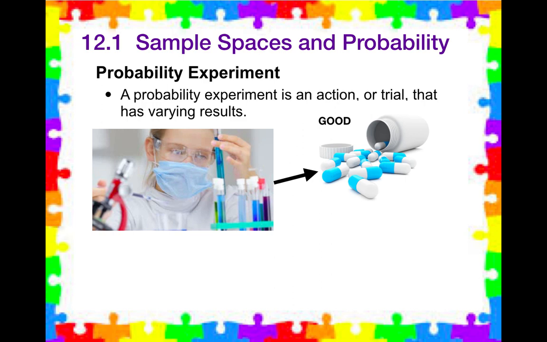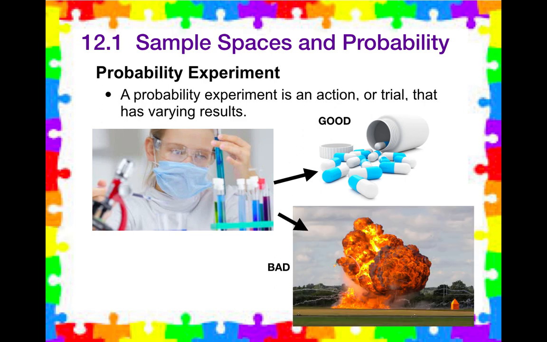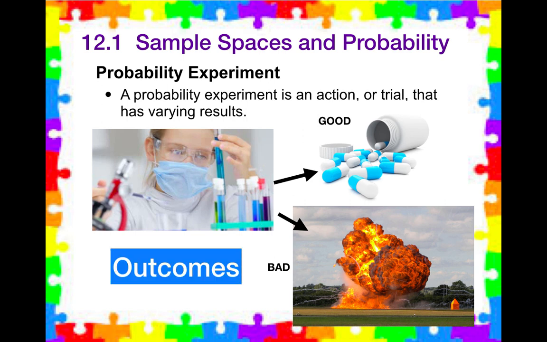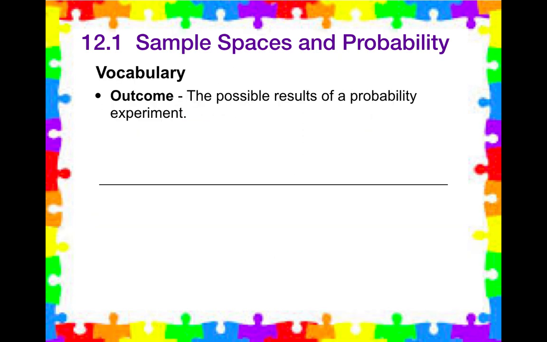But there's also a possibility that when you're experimenting, you get into some danger and you blow up the lab. So there are possibilities that good things could happen or bad things could happen. Every one of these things is called an outcome. An outcome is one of the different things that could possibly happen when you do an experiment. So the outcomes are the results of a probability experiment.